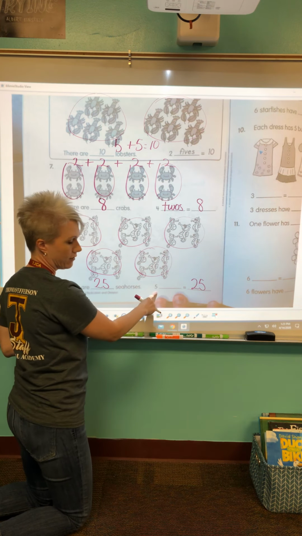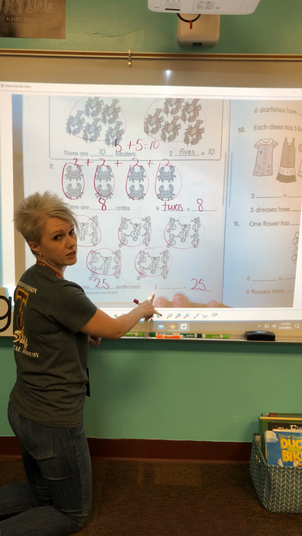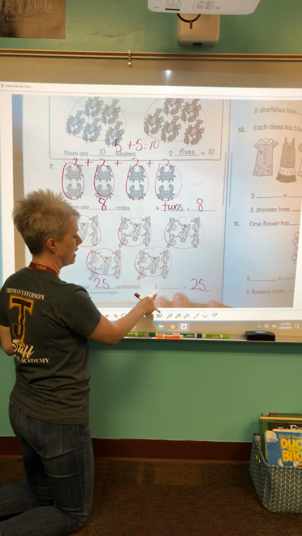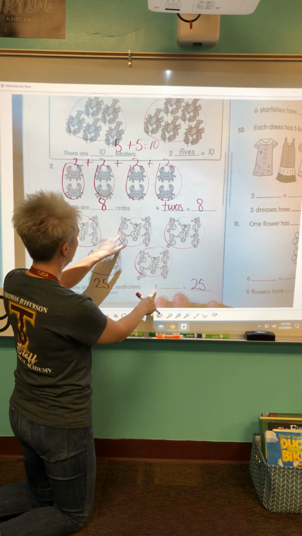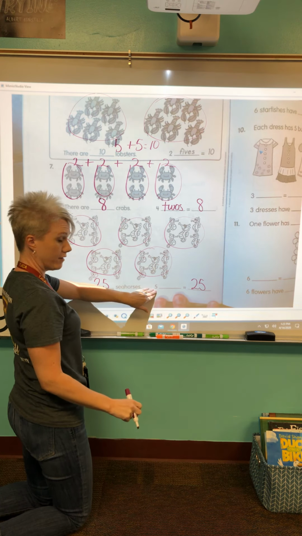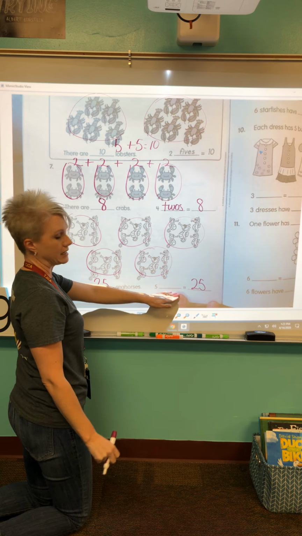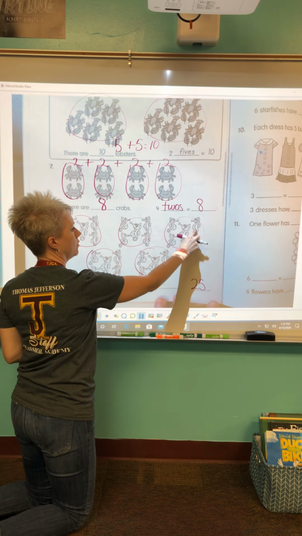Now we should have 5 groups, okay? Remember, our first number is the number of groups. Let's see if we have 5 groups. 1, 2, 3, 4, 5. We have 5 groups, and how many is in each group? 1, 2, 3, 4, 5.